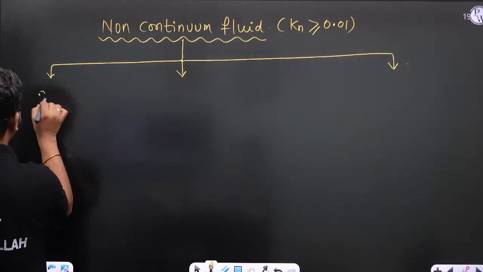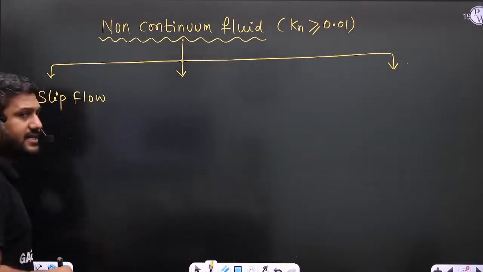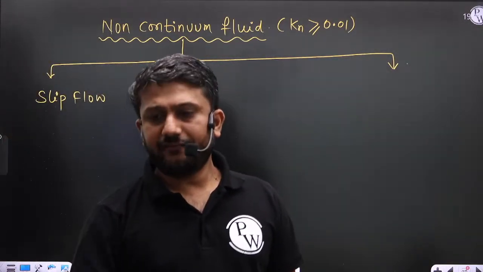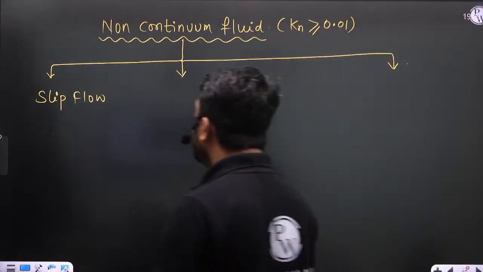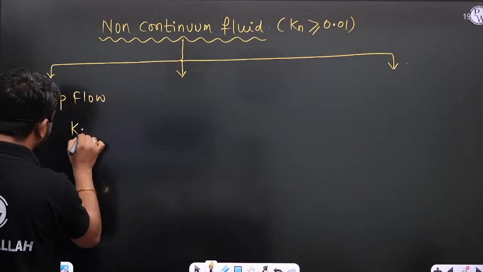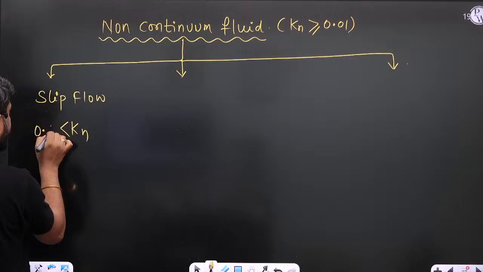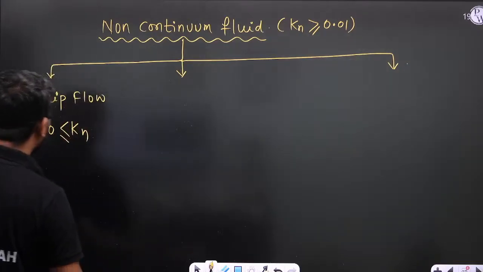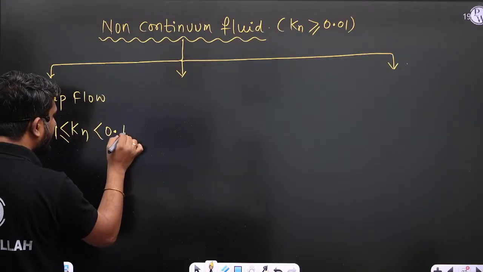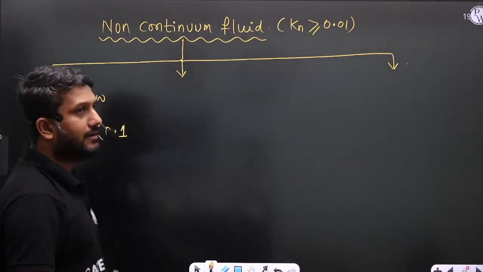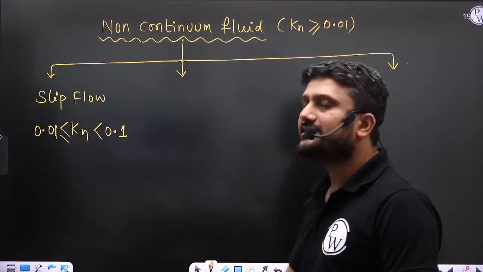The first one is the slip flow. If the Knudsen number is greater than 0.01 but less than 0.1, then that non-continuum fluid flow is known as the slip flow.